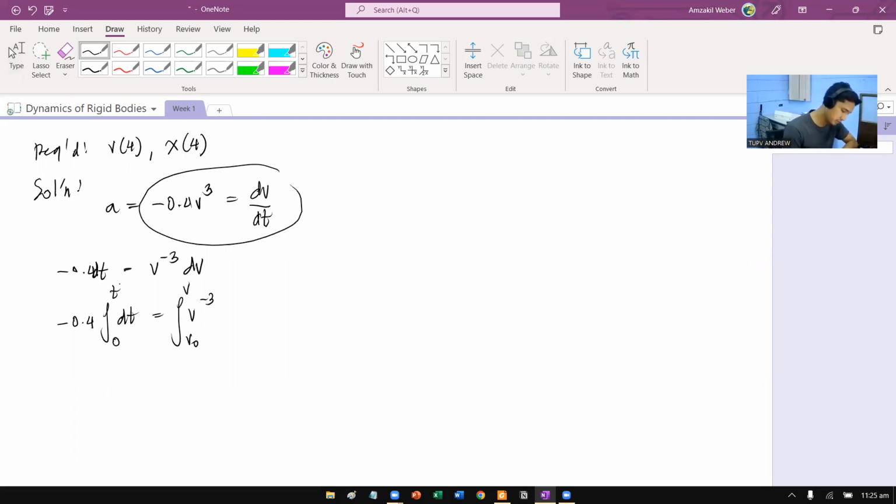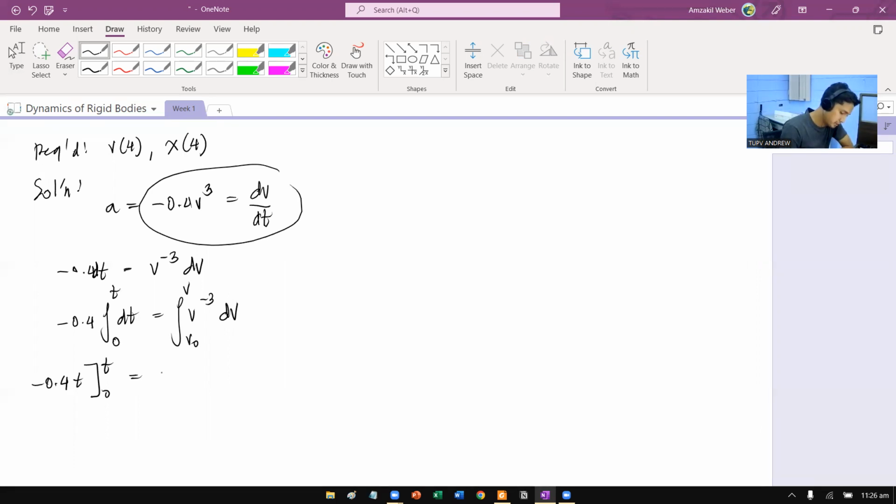Right, so this will result in negative 0.4 t, and then the integral of v^-3 dv.